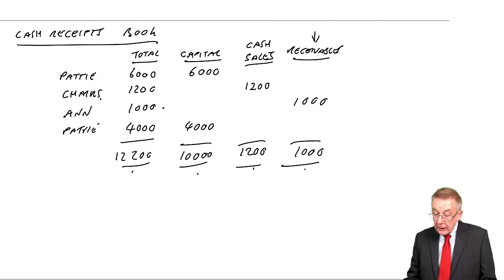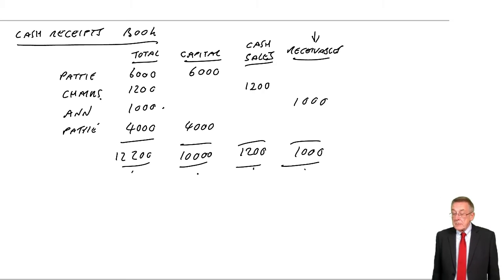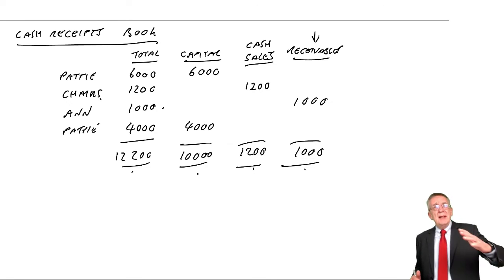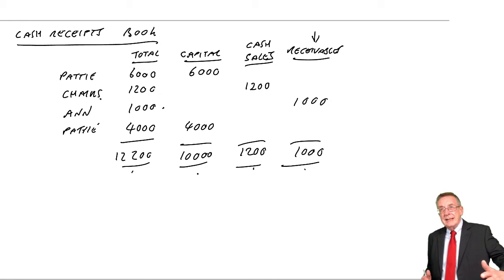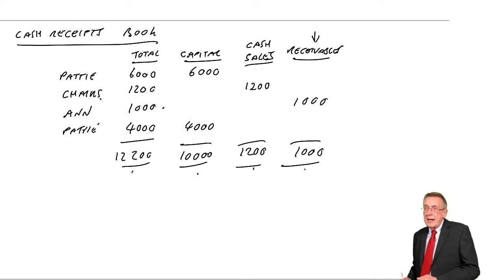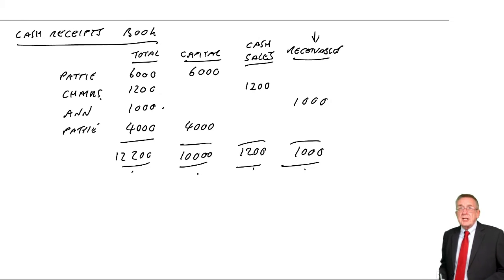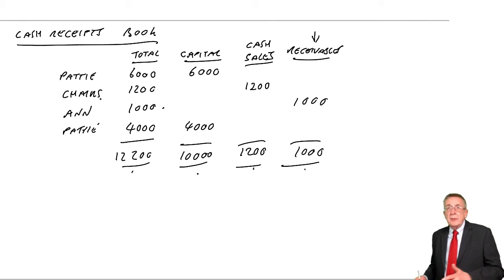I'll do the cash receipts book. Now watch me carefully here. With cash receipts, what's the double entry going to be? With a cash receipt, you debit cash and you credit somewhere. If it was cash sales, debit cash, credit sales. If it's cash from credit customers, debit cash, credit receivables, and so on.